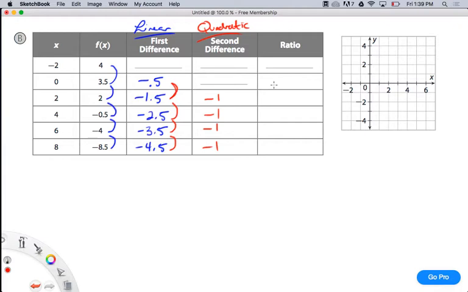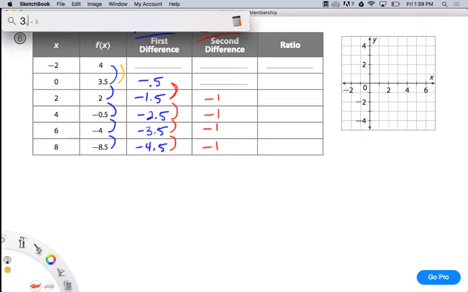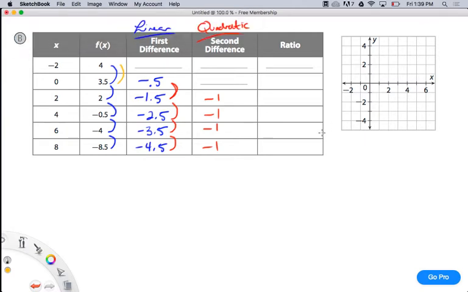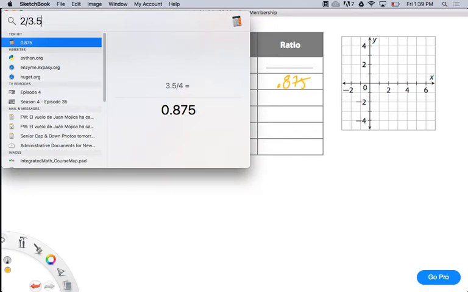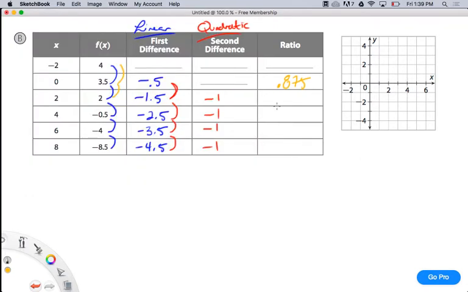But we could check the ratio, and how would we do that? Well, we would divide the numbers instead of taking the difference. So you do 3.5 divided by 4, and you obviously need a calculator, is 0.875. 2 divided by 3.5 is 0.57. And honestly, we can stop there because are those ratios the same? No, so it's not an exponential function, but just so we can get practice.